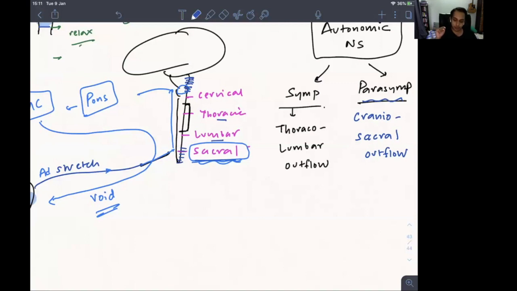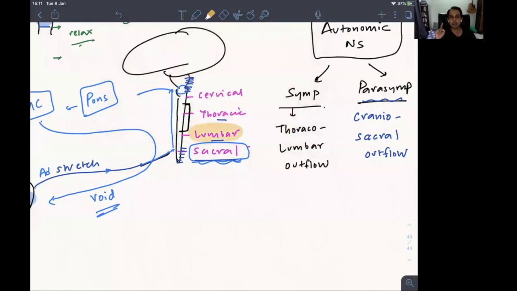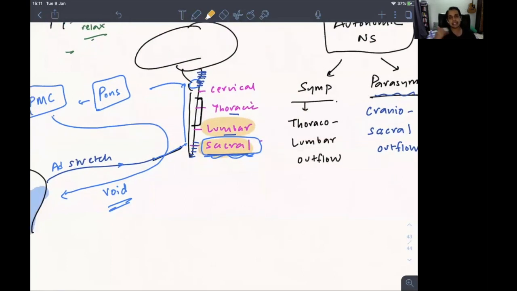And for the sake of the bladder discussion, our important areas are lumbar for the sympathetic and sacral for the parasympathetic. So from now on, every time I say sacral, you are thinking parasympathetic, and every time I say lumbar, you are thinking sympathetic.